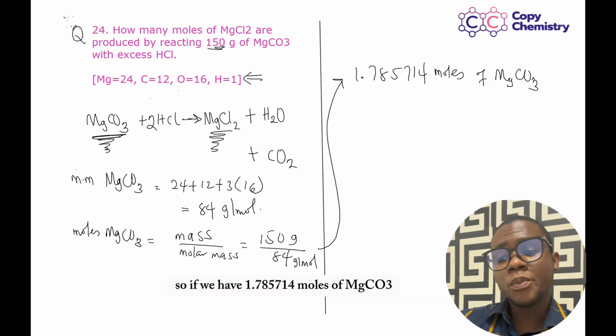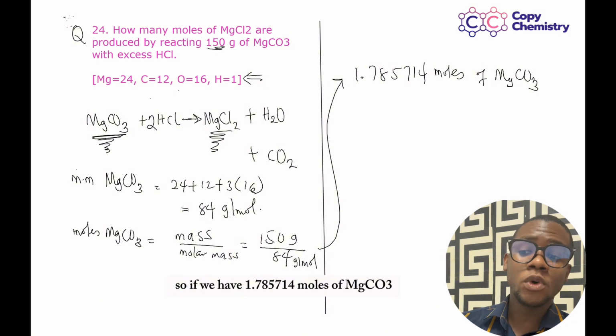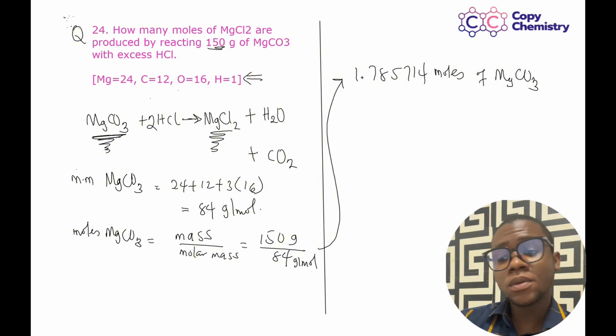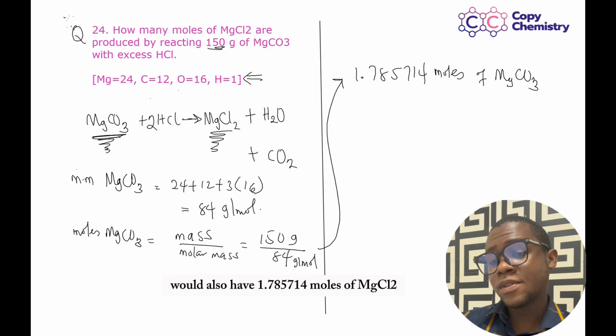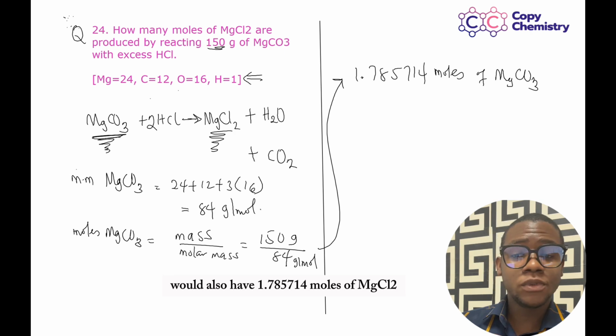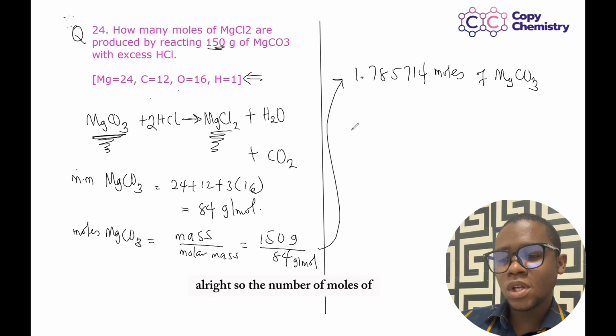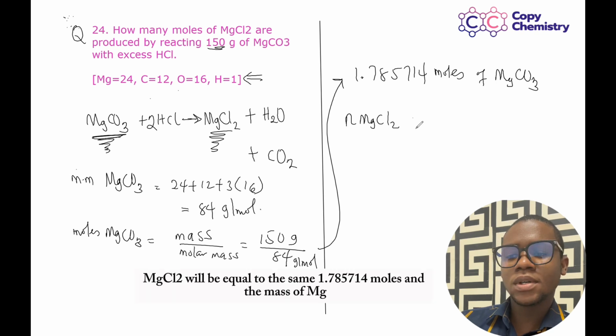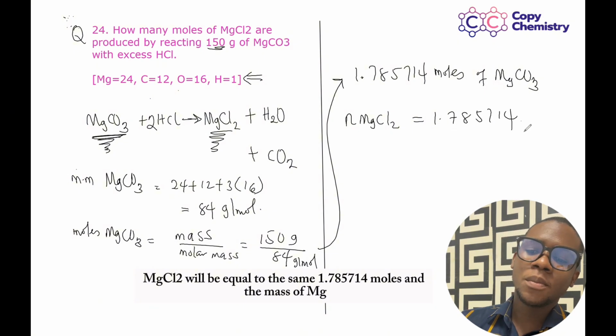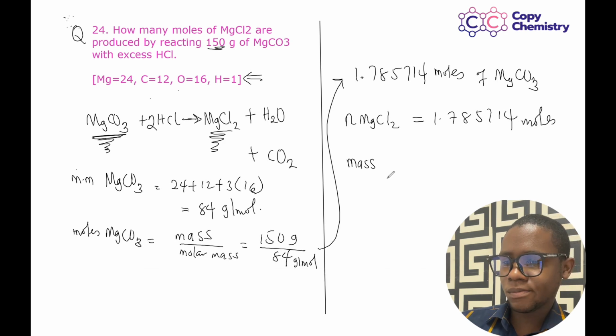So if we have 1.785714 moles of MgCO3, we would also have 1.785714 moles of MgCl2. Does this make sense to you? Alright, so the number of moles of MgCl2 will be equal to the same 1.785714 moles.